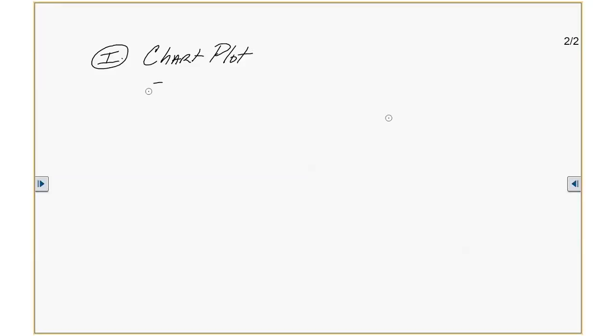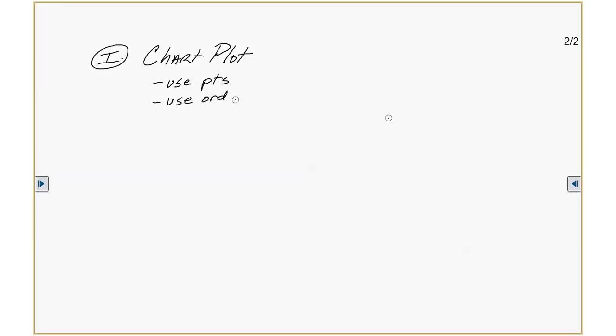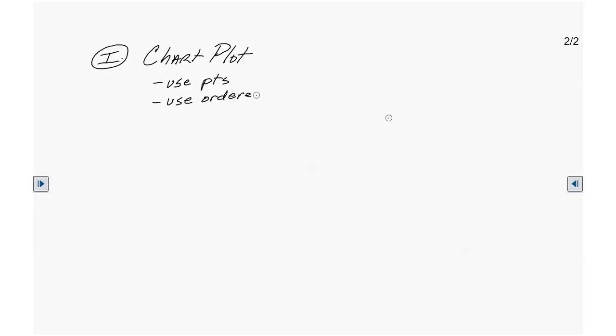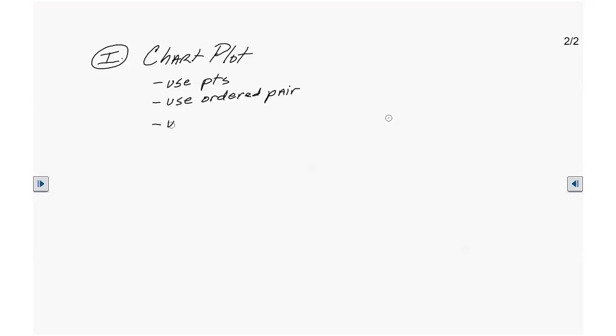The first method of graphing. These are how you graph a line. First method is what I call the chart plot method. Now, it's called in your book graph using points, graph using ordered pairs, or graph using coordinates.